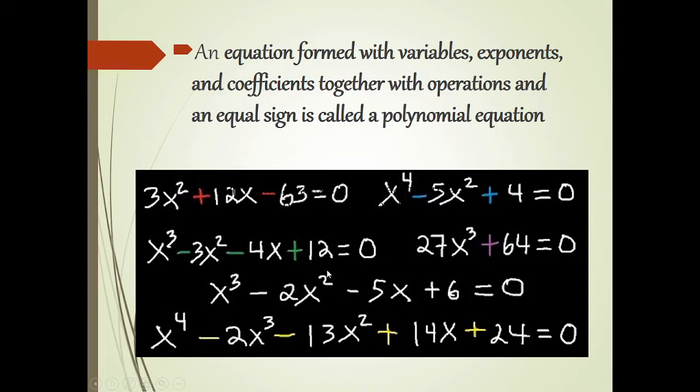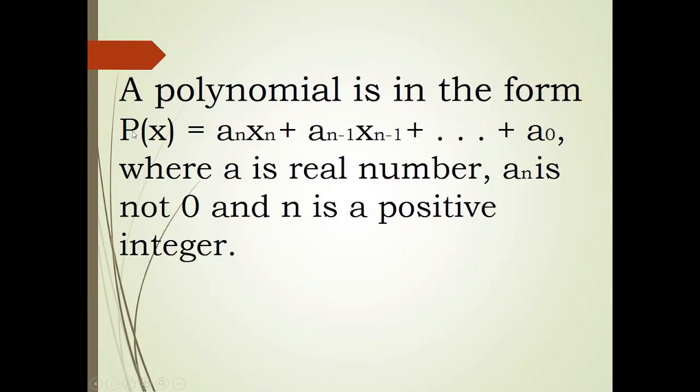Ayan, para mas maliwanag, tuloy natin. So, a polynomial is in the form of p of x is equal to a sub n times x to the n plus a sub n minus 1 x to the n minus 1 plus dot dot dot up to a sub 1, where a is real number, a sub n is not 0, and n is a positive integer.